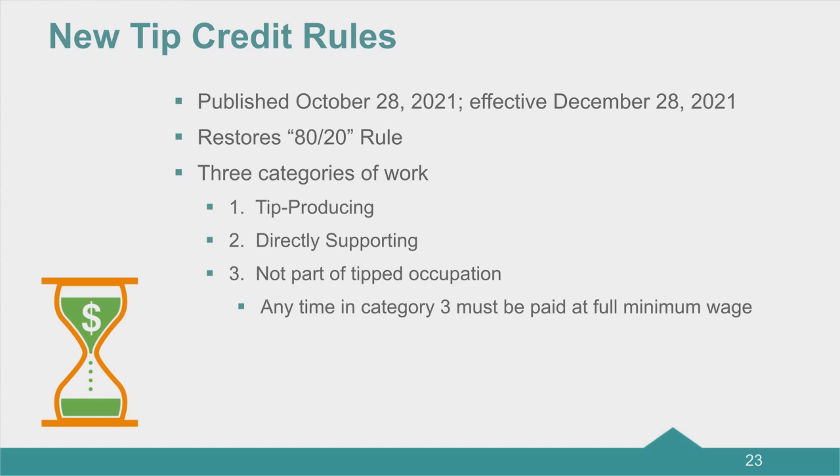So for many years, there's been this debate over the amount of non-tip producing work activities an employee can engage in and still take the tip credit. Because really what the tip credit is looking at, it's looking at employees who receive tips, so they're considered to be tipped employees, and then they're able to get a sub-minimum wage, or this lower cash wage, because they're making up the difference in the tips that they receive.